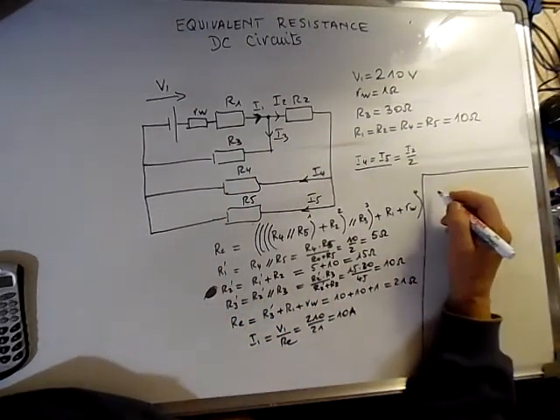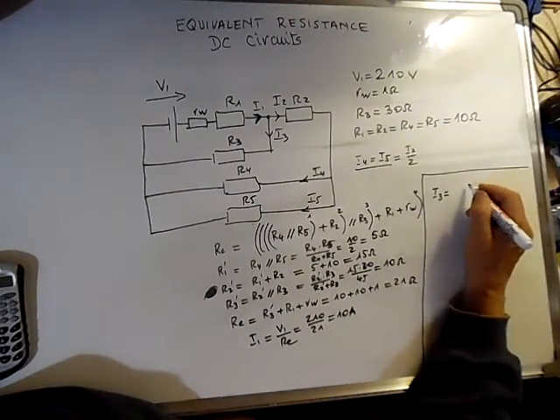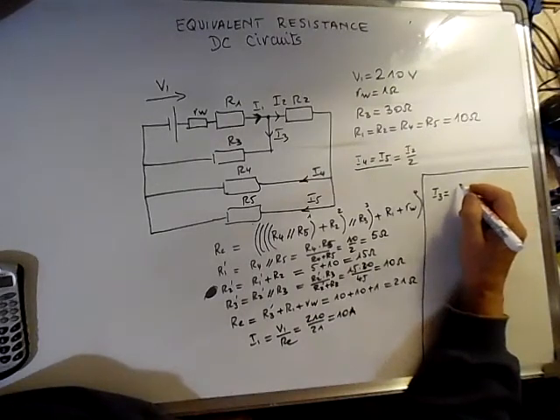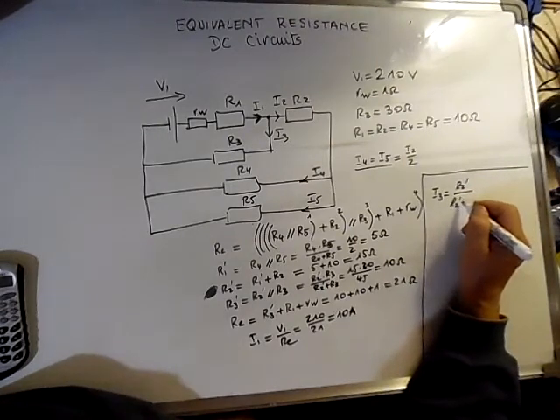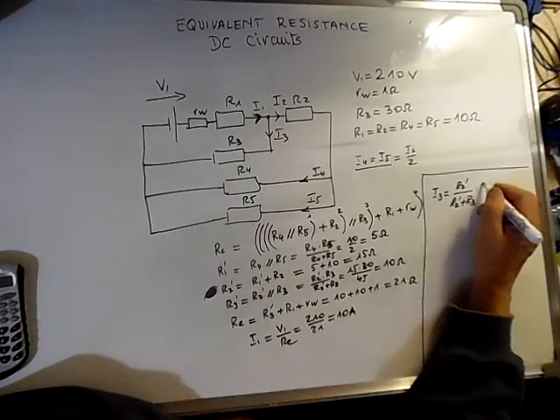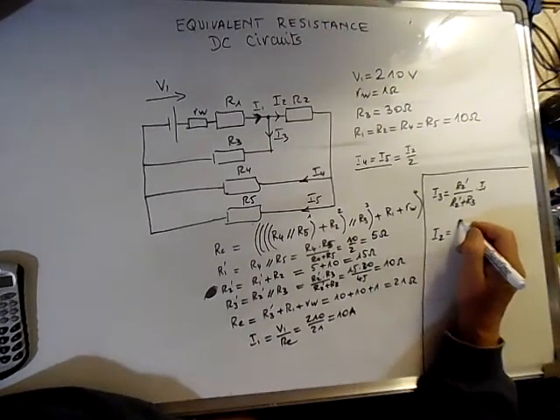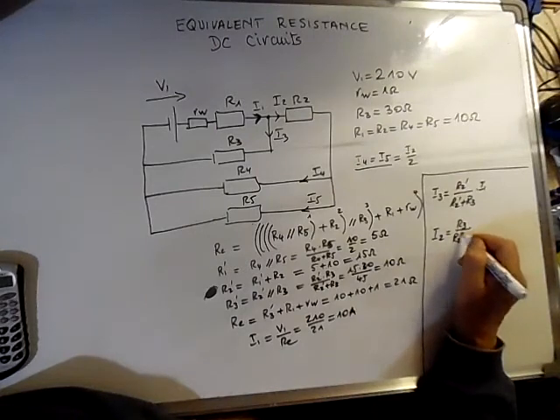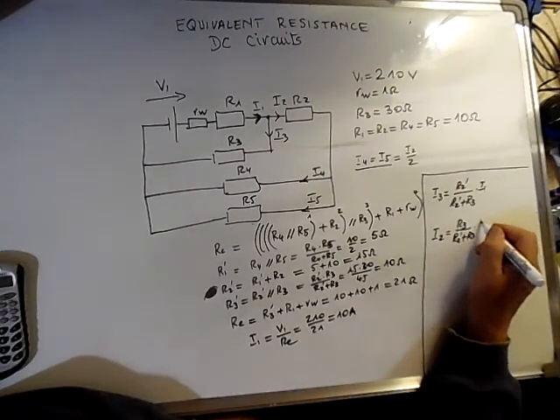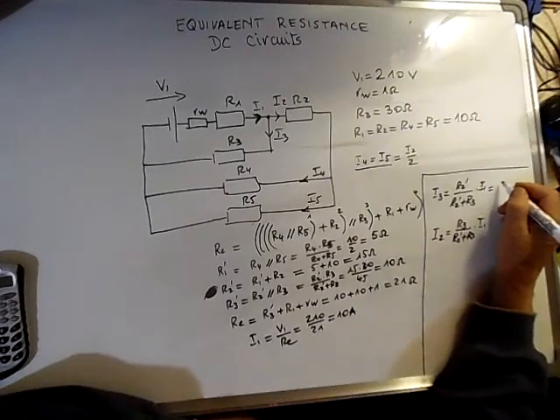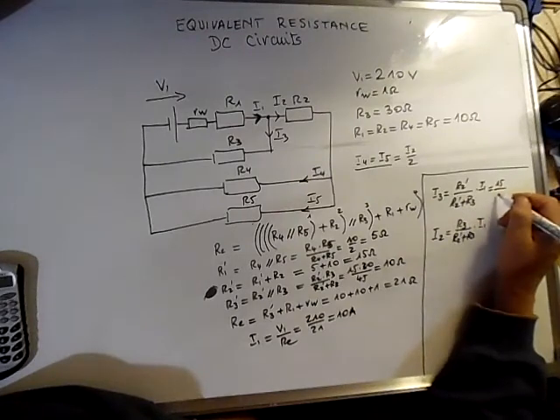So I3 is equal to R2 prime over R2 prime plus R3 times the main current, which is I1, and I2 is equal to R3 over R2 prime plus R3 times I1. R2 prime is 15 over 30 plus 15, 45, times I1, which we have calculated earlier, which is equal to 10.